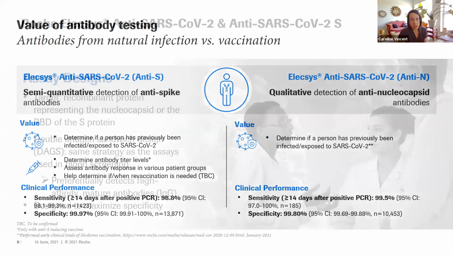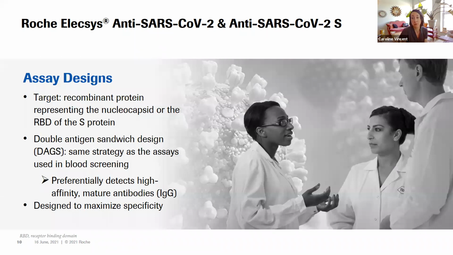Our serology assays use recombinant proteins that represent either the nucleocapsid antigen in the case of the NTN assay, or the receptor binding domain of the S protein in the case of the NTS assay. For both of these assays, we use a design called the double antigen sandwich, sometimes shortened to DAGS.